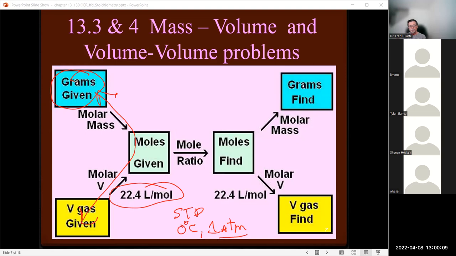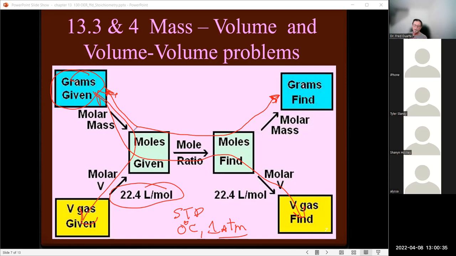Or I could start with grams given and go all the way across to the bottom right, where I'm trying to calculate the volume of a gas of some product, or vice versa, okay? Or what we've been doing is the grams given, and we're trying to figure out the grams of some material, either reactant or product. Okay.